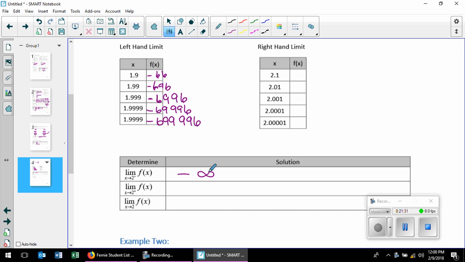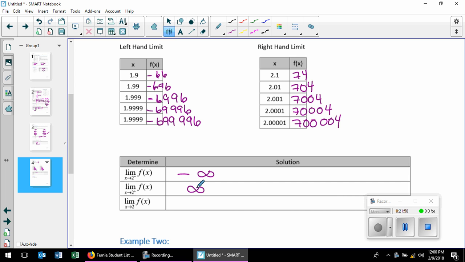So now I'm going to the right-hand side, going from bigger than 2 on my way towards 2. So this one was 74. This was 704. This one was 7,004. 70,004. 700,004. So where am I headed towards?